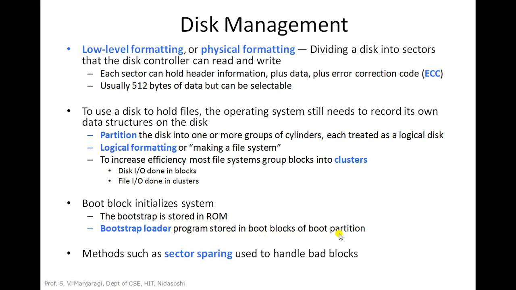Let us understand what a boot partition is. A boot partition is a partition where the operating system program is stored or residing. In case of the Windows operating system, the entire disk will be divided into a number of partitions, and one of the partitions is considered the primary partition, where we install the operating system program where the Bootstrap program is residing.